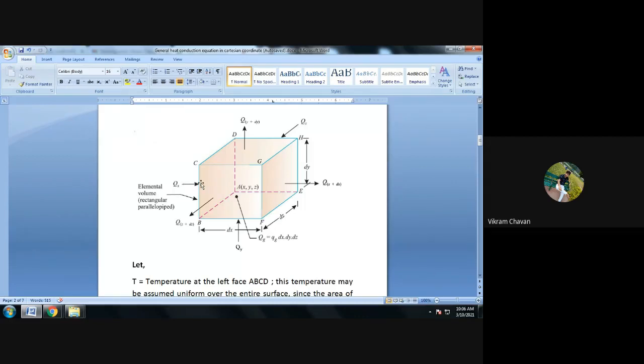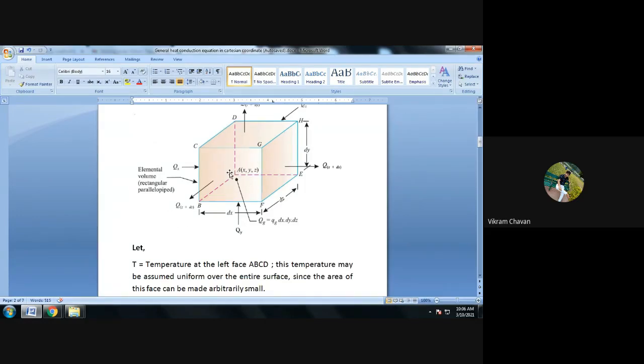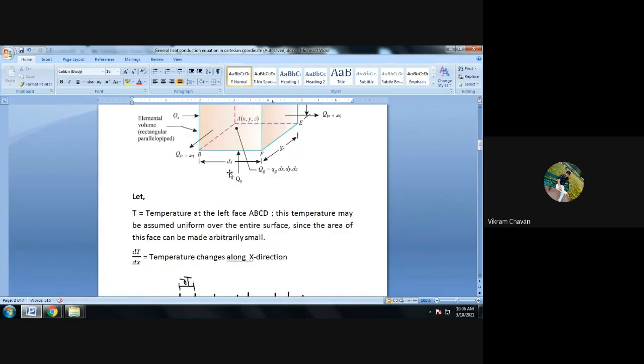Now heat is moving from the ABCD face to the EFGH face. To travel, we know that there should be a temperature gradient, that is nothing but dT divided by dx. So the temperature gradient dT by dx is the temperature change along the x direction.